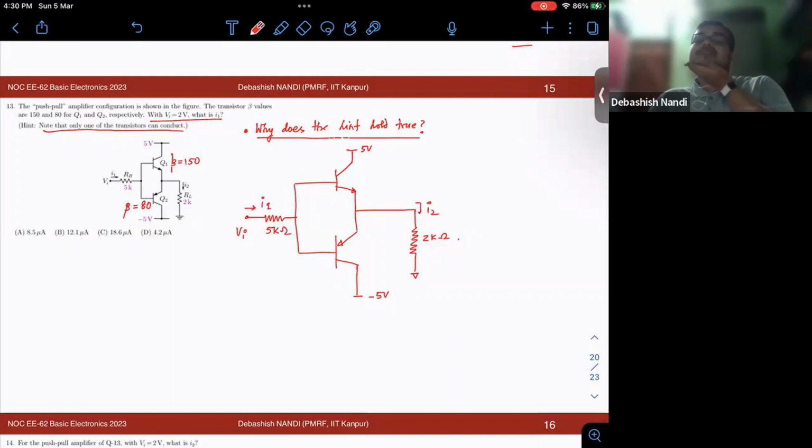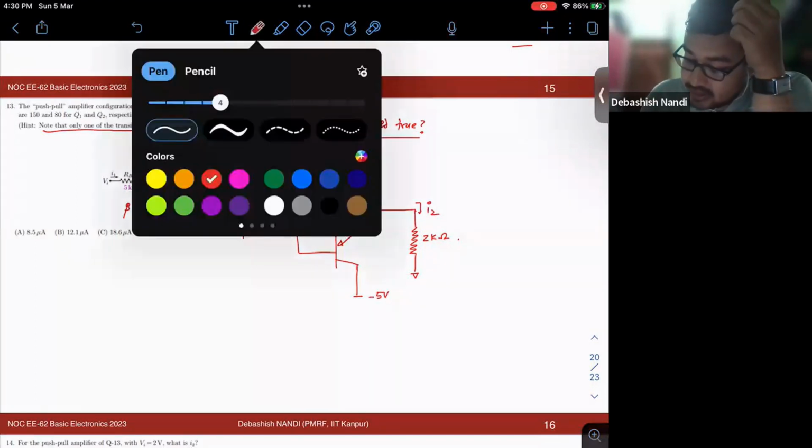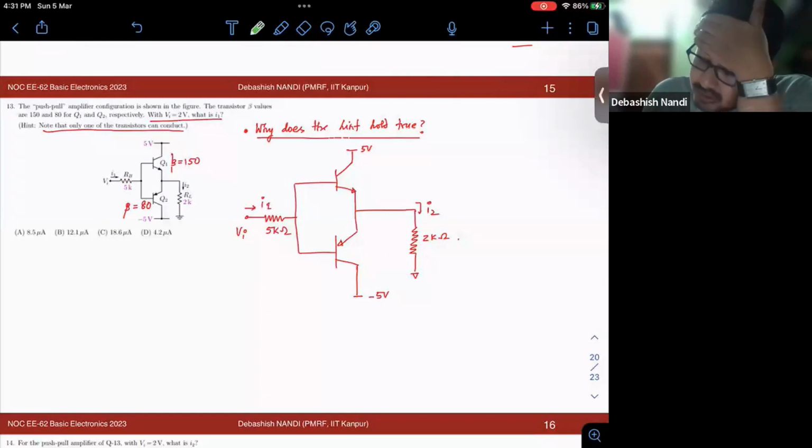This is N, this is P, this is N, this is P, right? I told in my last session how these diagrams have come about and how to remember these things, so if you have any confusion, you can go back and check that.